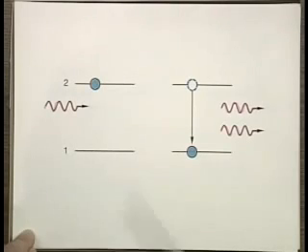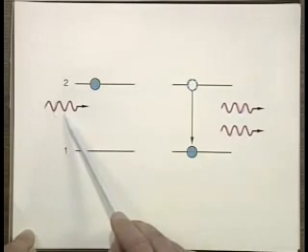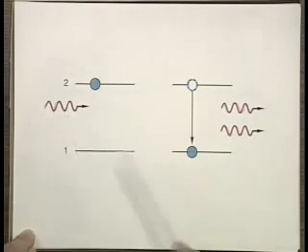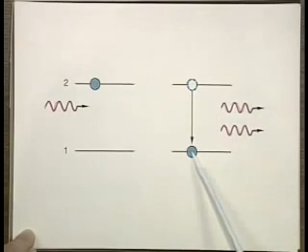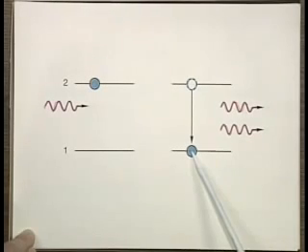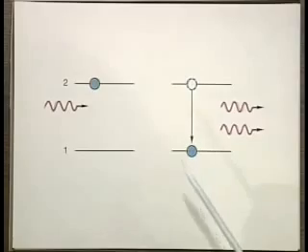Now we're getting two photons coming out when we had only one going in, and the excited atom has been pushed down to the ground state. This is the essence of stimulated emission, or gain, because here you see that light can be amplified.